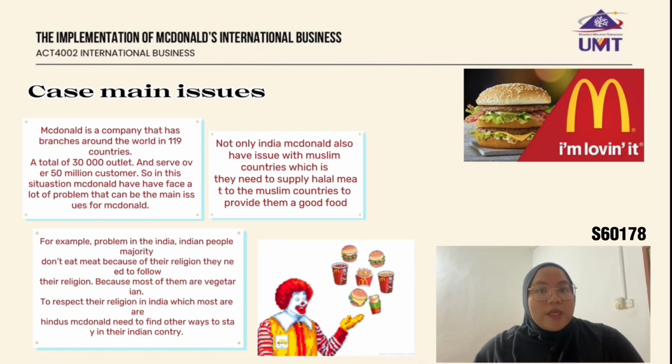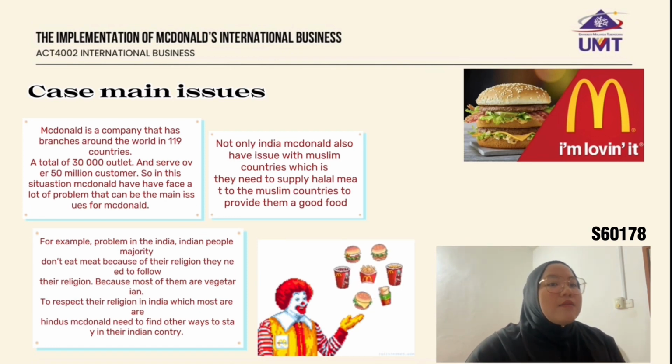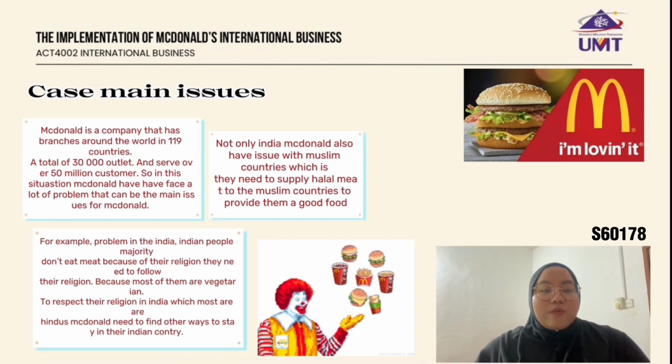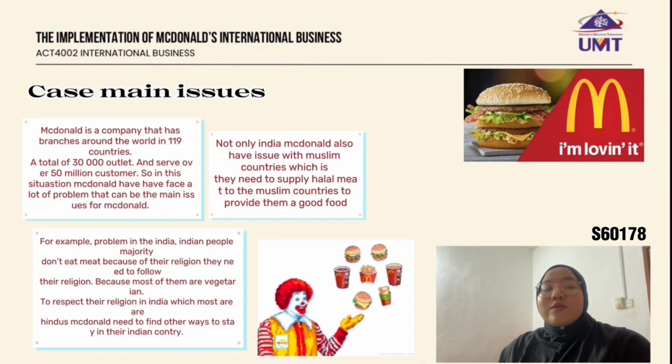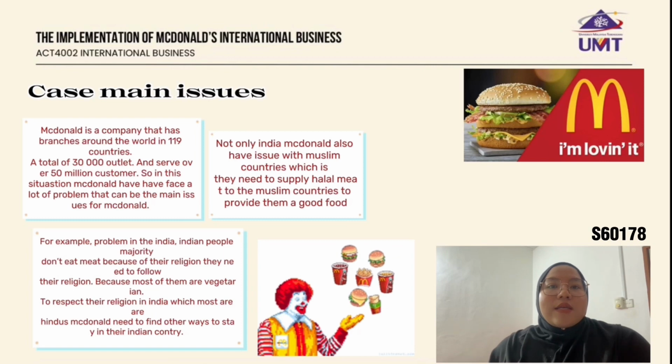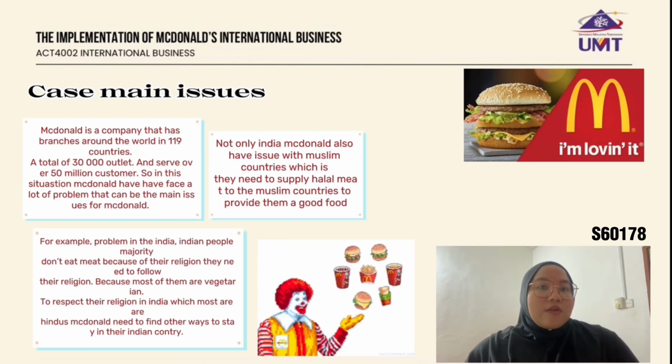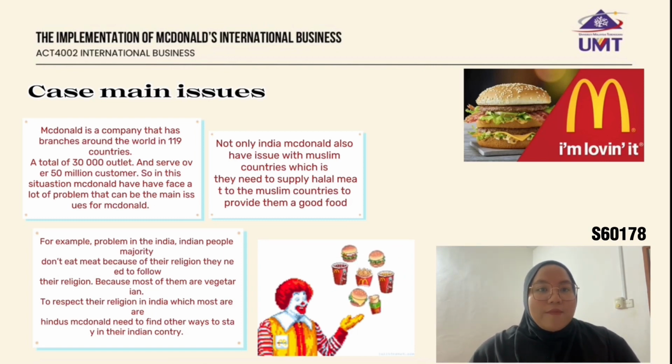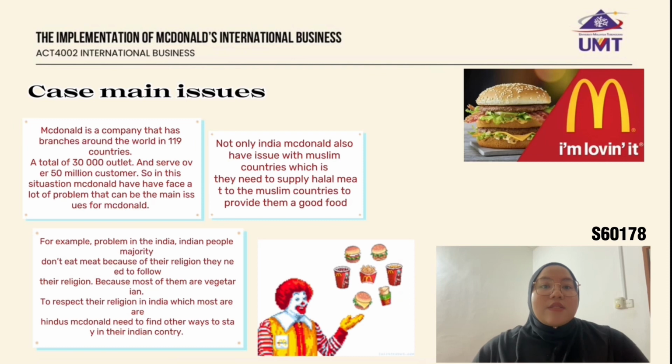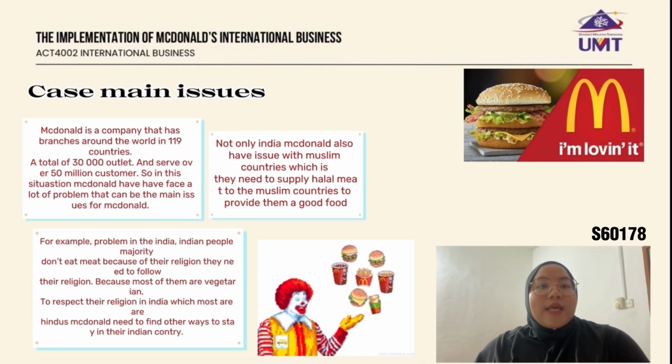McDonald also has an issue with Muslim countries, where they need to supply halal meat if they want to stay in that country. In addition, McDonald is a multinational company, so they have a clash between original foods and traditional foods, for example between America and Malaysia.